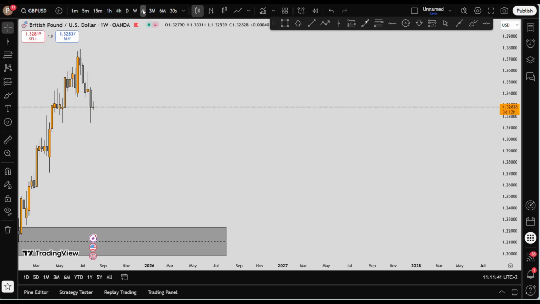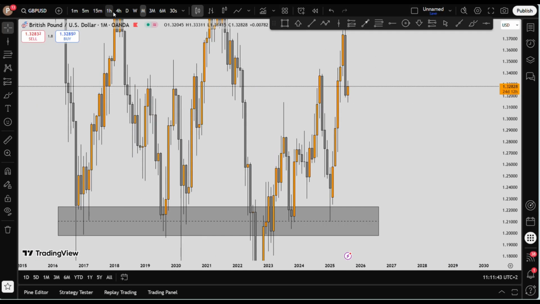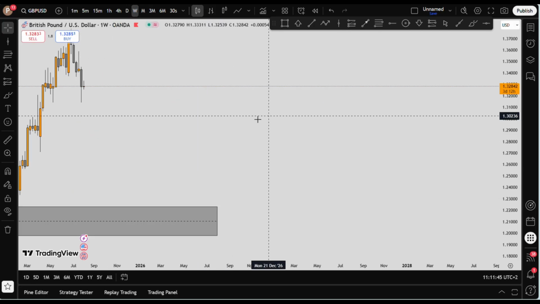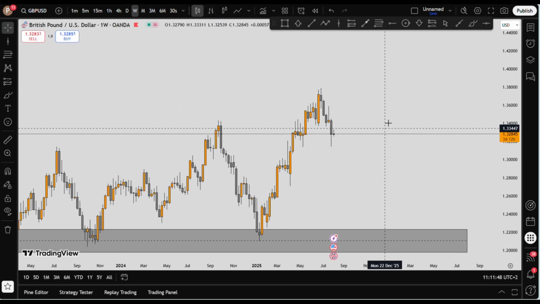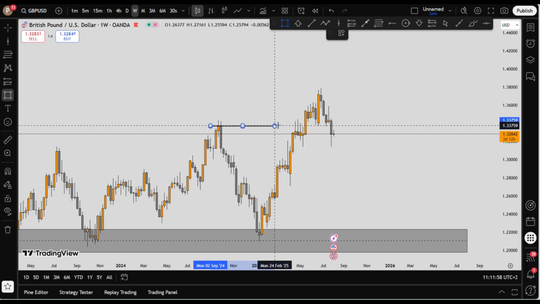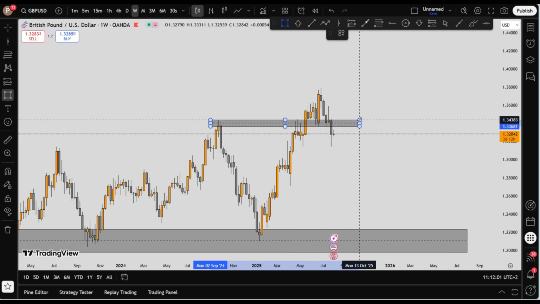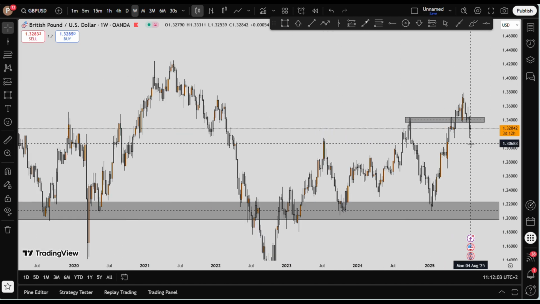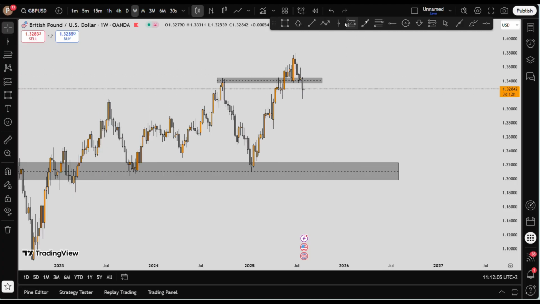Let's do this. I forgot to mark out a zone here on the weekly. Like I said, we must identify key support and resistance levels on every time frame you're looking at. So here is my support structure, because a previous high, when broken above like so, becomes support, right?